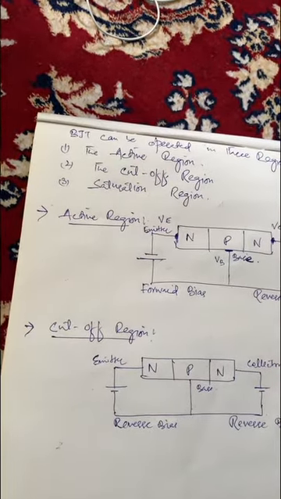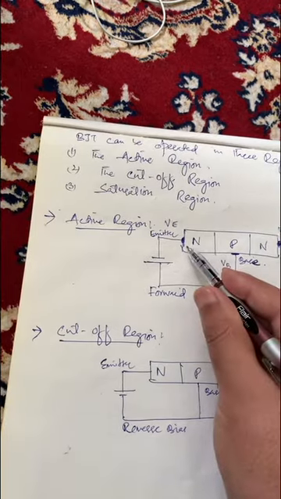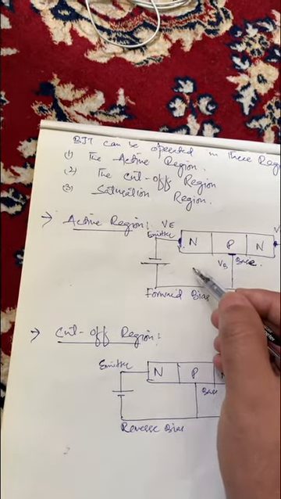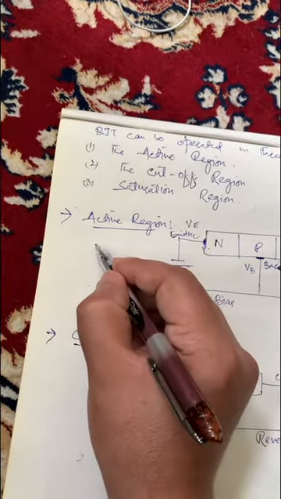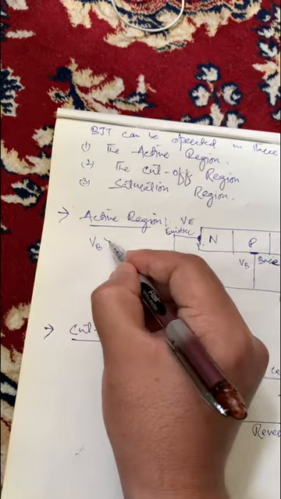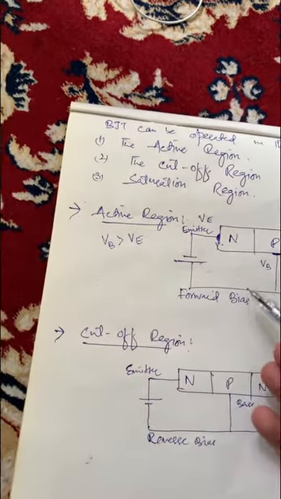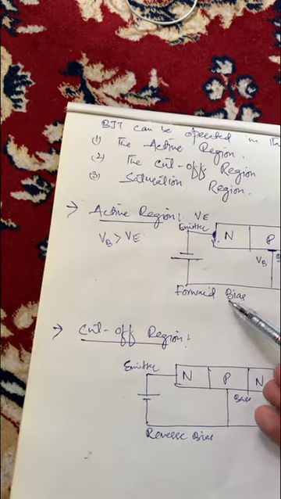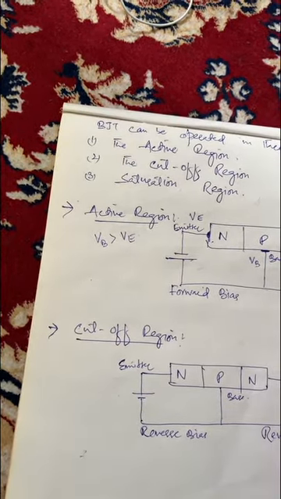To forward bias the base emitter junction, the voltage of base should be greater than VE. The condition that must be fulfilled is that VB should be greater than VE for the operation of this forward bias mode.